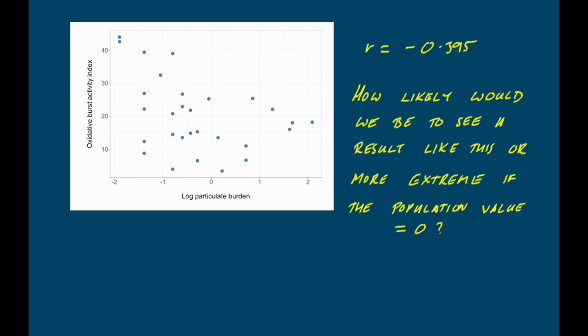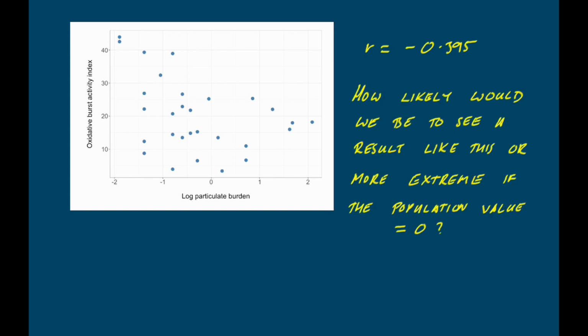What we need to know, though, is whether or not this correlation is statistically significant. In other words, how confident can we be that we wouldn't see a result like this if there were actually no correlation at all in the actual population we were measuring?